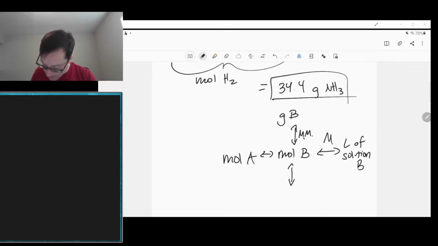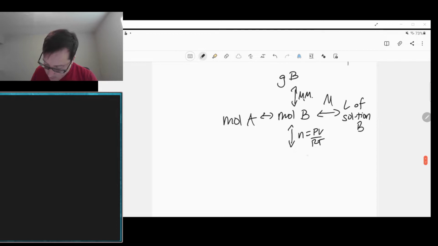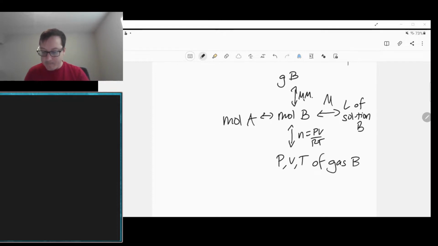And now we have our ideal gas law. And this would be pressure, volume, or temperature of gas B. And it would be duplicated on A, right? I'll go ahead and write this.